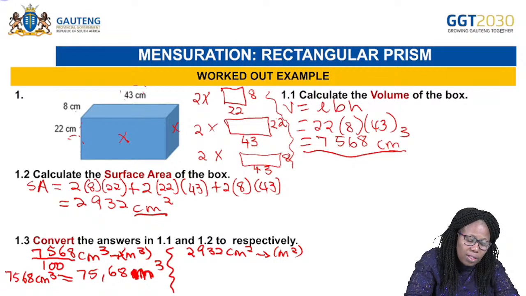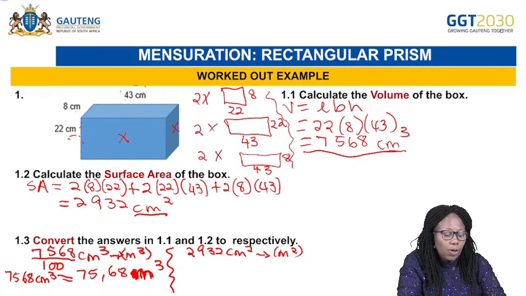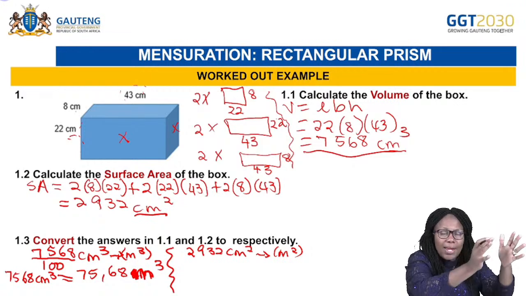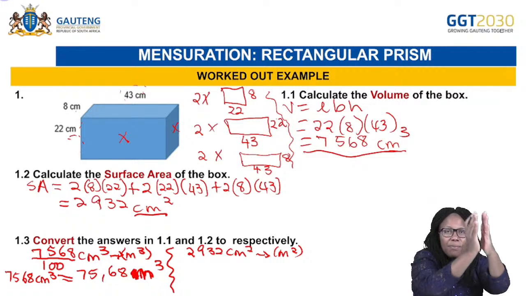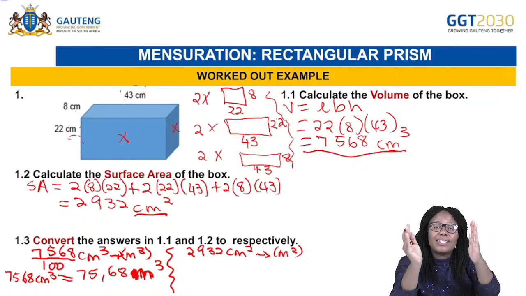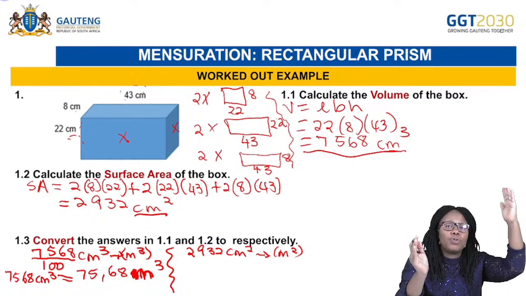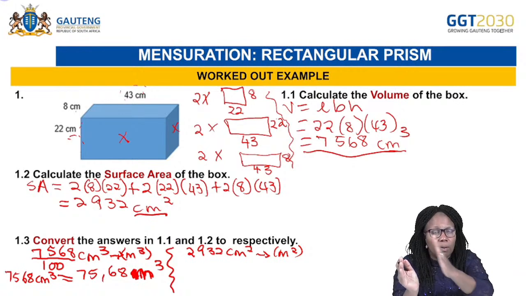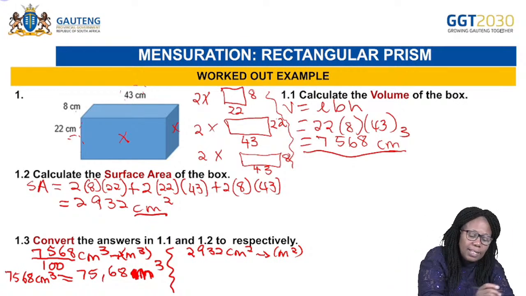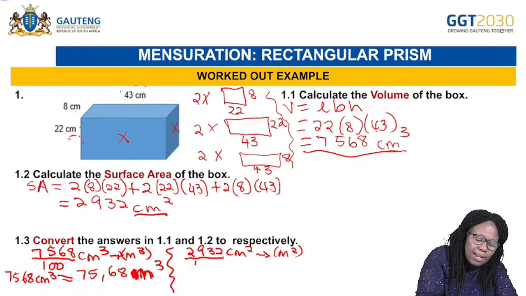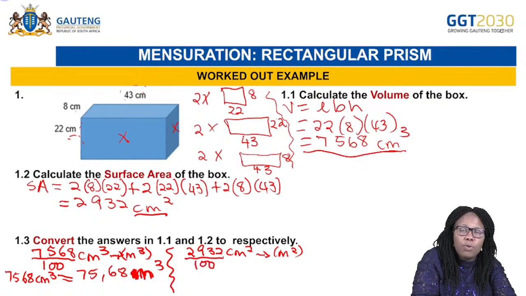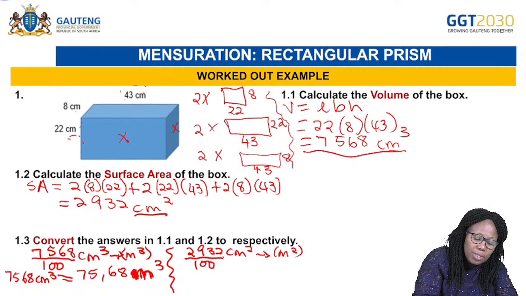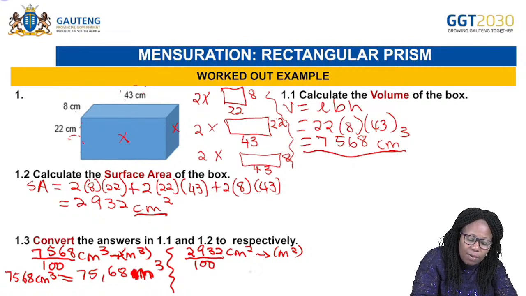And then let's look at the second one now. We are converting square centimeters to square meters. Moving from centimeters to meters is 100, not 1,000, because we are not moving from millimeters now. Same application, we divide by 100, because it's centimeters to meters. And then this will give us how much now?